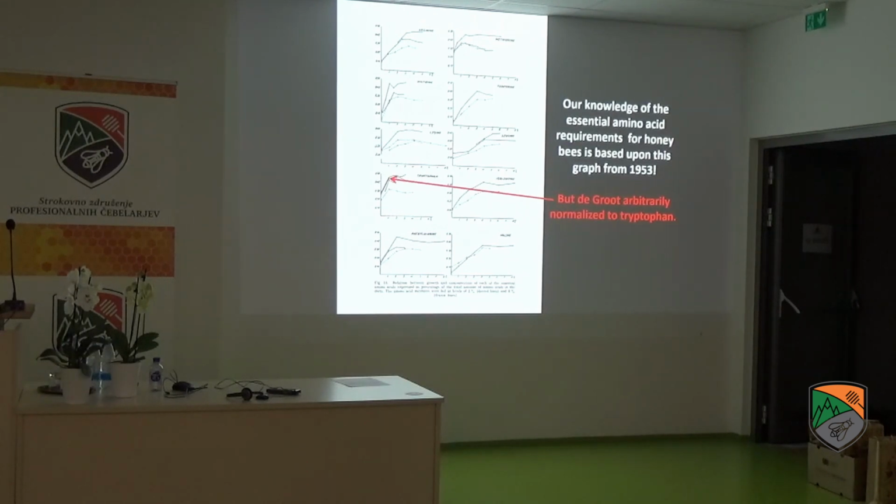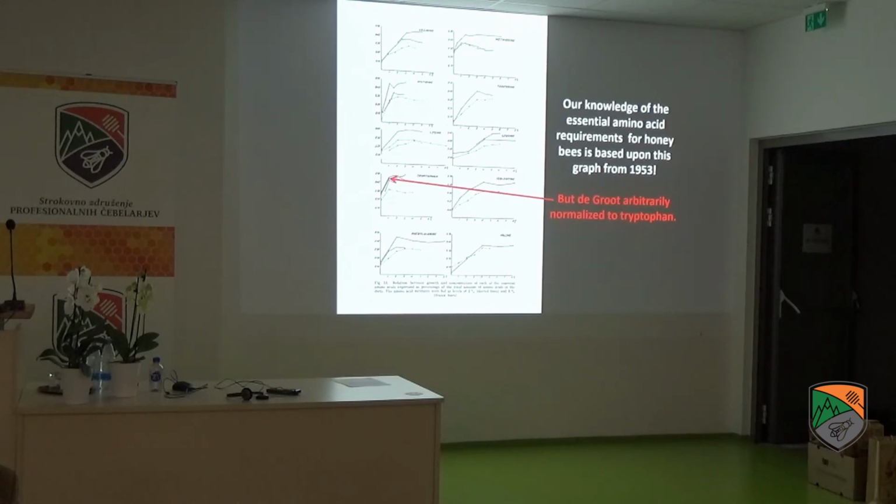What that means is, he fed adult bees in cages an artificial diet made solely of essential amino acids, at either 1% concentration, 2%, 3%, 4%. If it was deficient in it, adding it will increase the amount of weight gain. Once you reach the ideal amount, there's no added benefit to adding any more.